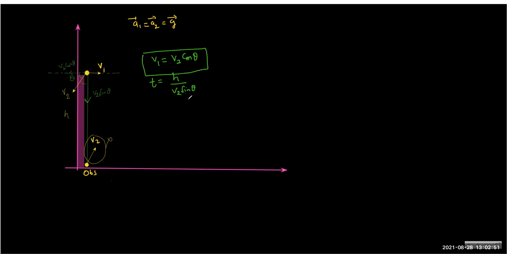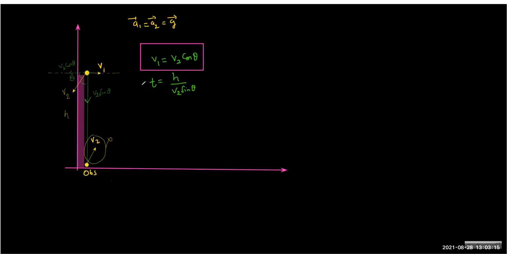Our answer is over. Now this approach is good for calculation of time, because as I said, time is invariant and does not depend on any frame. So I can always choose a frame which makes the calculation easier for me. Now it's easy. We know that it will hit after this much time only.